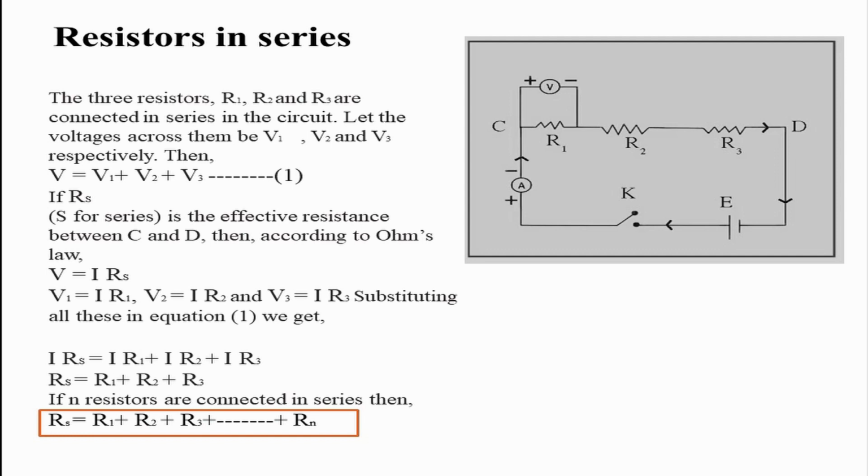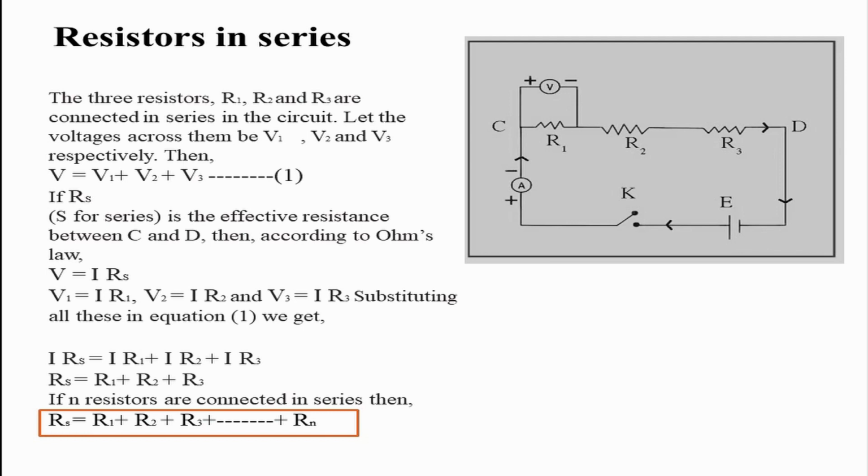That is, the potential difference across R1 will be V1, across R2 will be V2, and across R3 will be V3. Here the current will remain common, but the potential difference will be individually separated for all these 3 resistors, R1, R2 and R3.